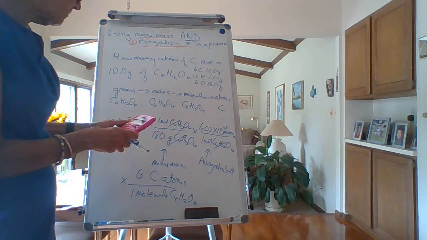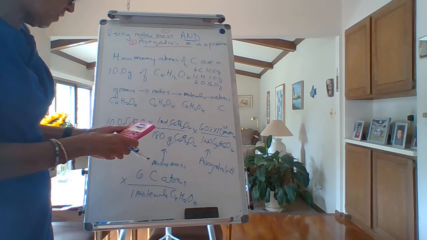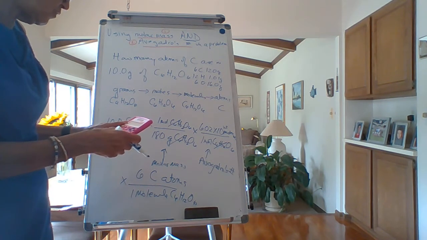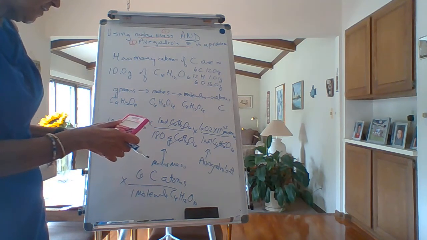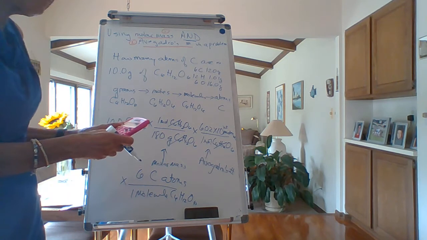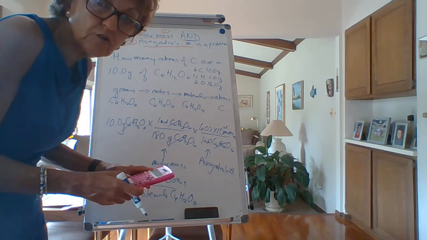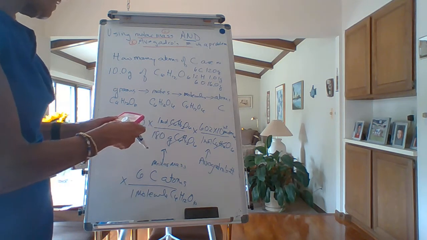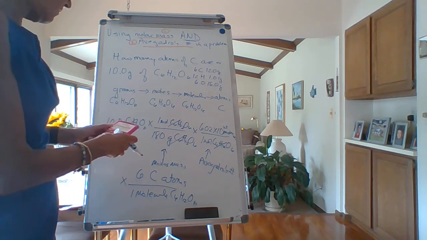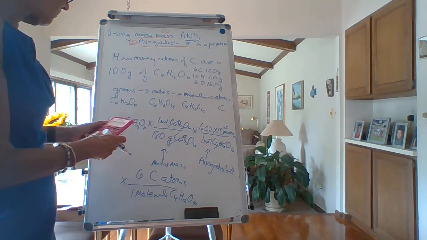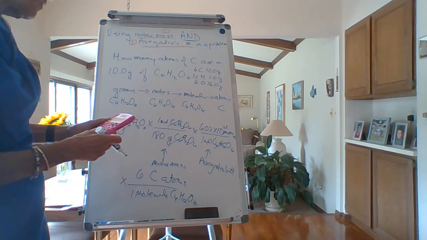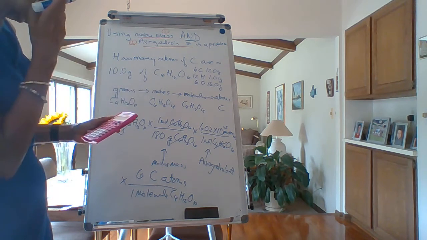All right, 10 divided by 180 times 6.02 times 10 caret 23. Remember, if you're using the EE button, don't do the times 10, okay? And then times 6, so this is a numerator over here. Okay, I end up with 2.006666 times 10 to the 23rd.